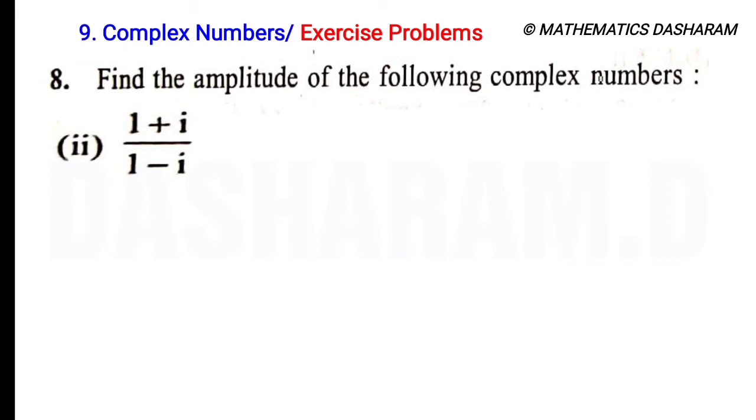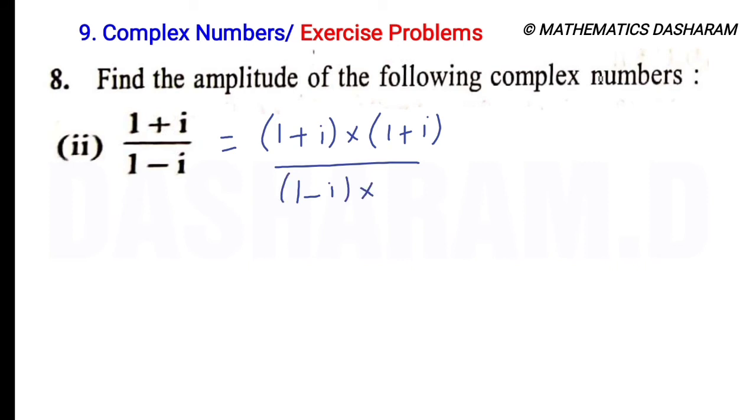Second problem, 1 plus i divided by 1 minus i. To find the amplitude we need the x plus iy form. So we multiply 1 plus i by the conjugate of the denominator, that is 1 plus i, and the denominator is also multiplied by 1 plus i. Now 1 plus i whole square divided by 1 square minus i square.